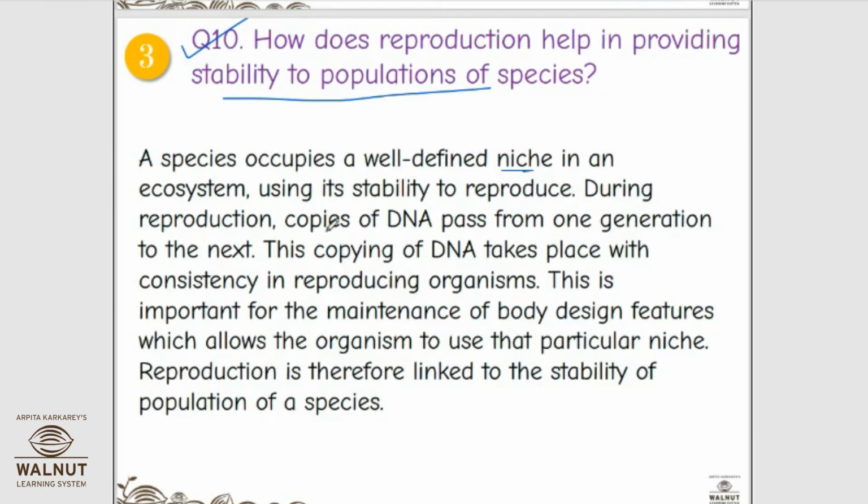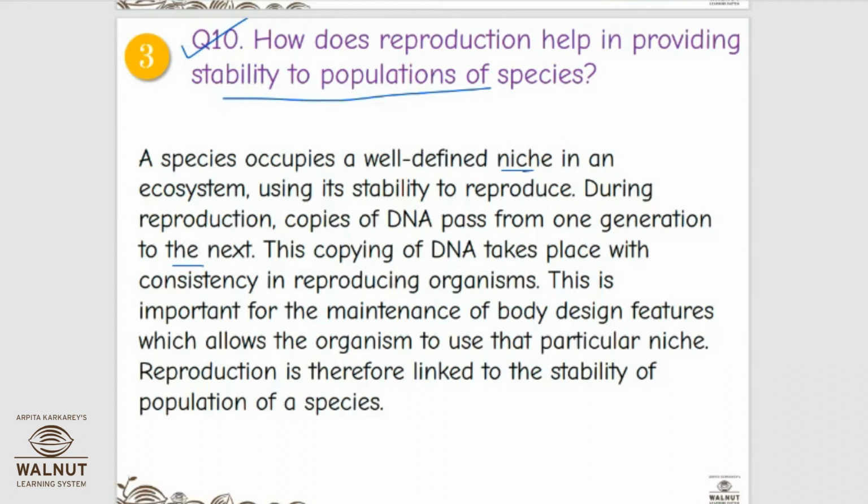During reproduction, copies of DNA pass from one generation to the next. All of you know, because you would have heard people saying, if they are meeting you for the first time, oh, he has got some genes from his grandfather, he has got some habits from his grandfather.